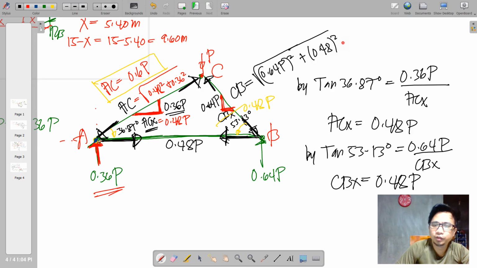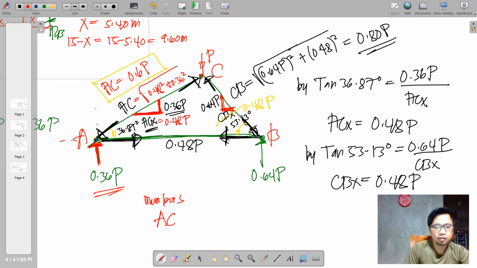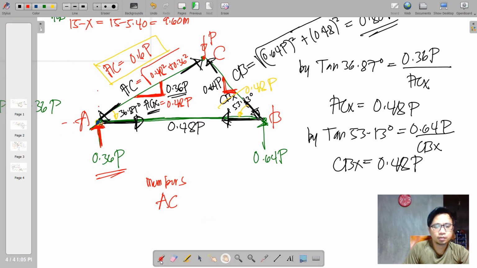So therefore CB is 0.8 of P. So let us now summarize the force members. Actually, there are only three force members: member AC, member CB, and member AB.